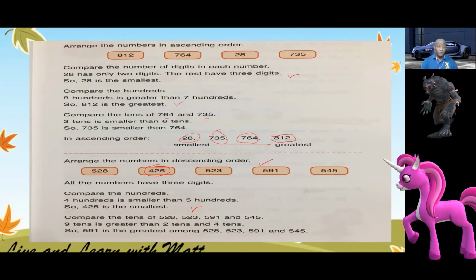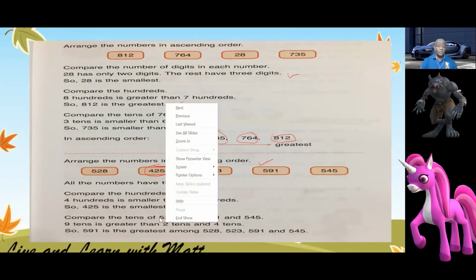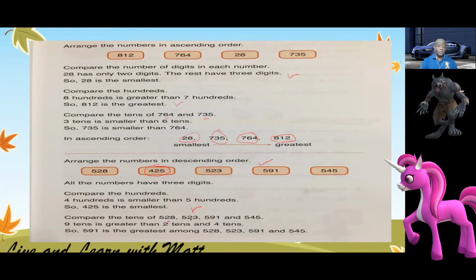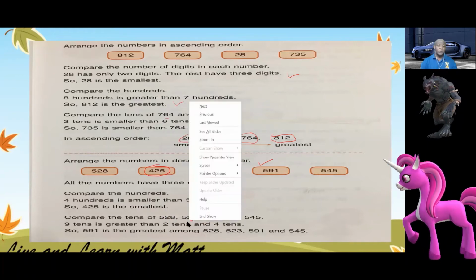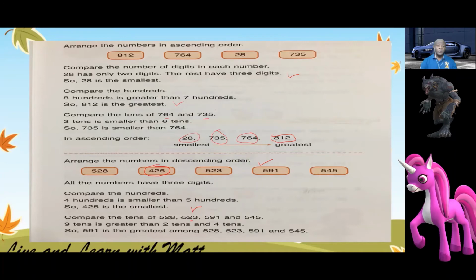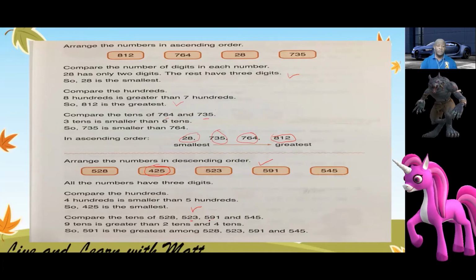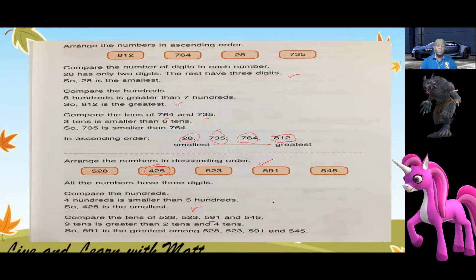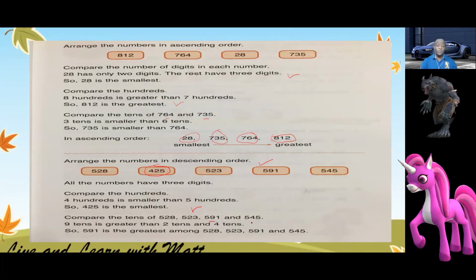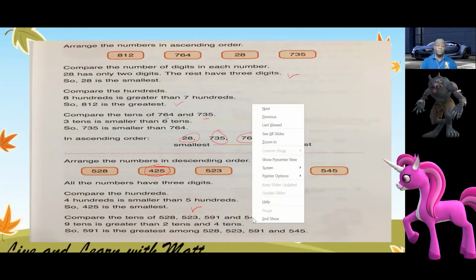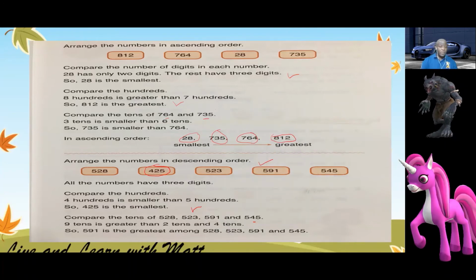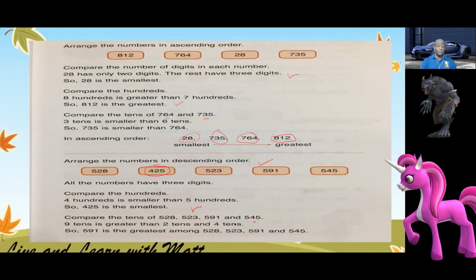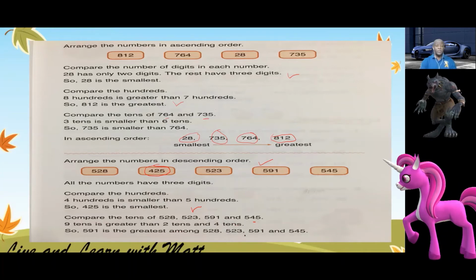Now let's compare the tens of 528, 523, 591, and 545. 9 tens is greater than 2 tens and 4 tens.